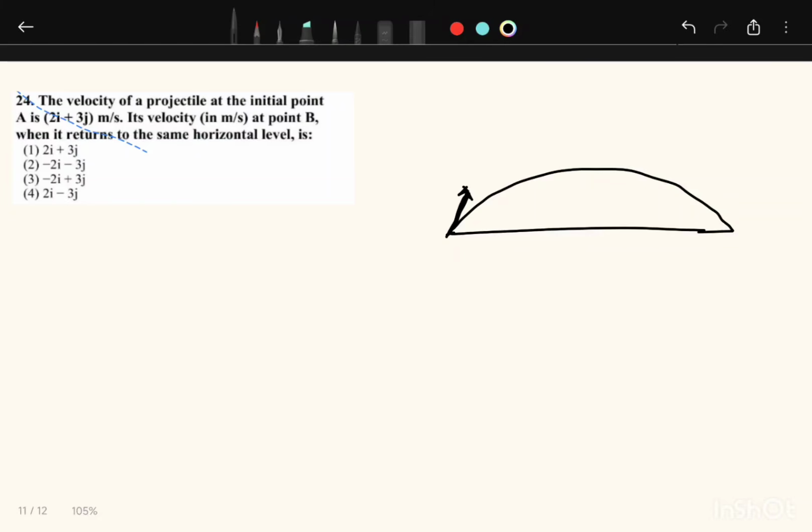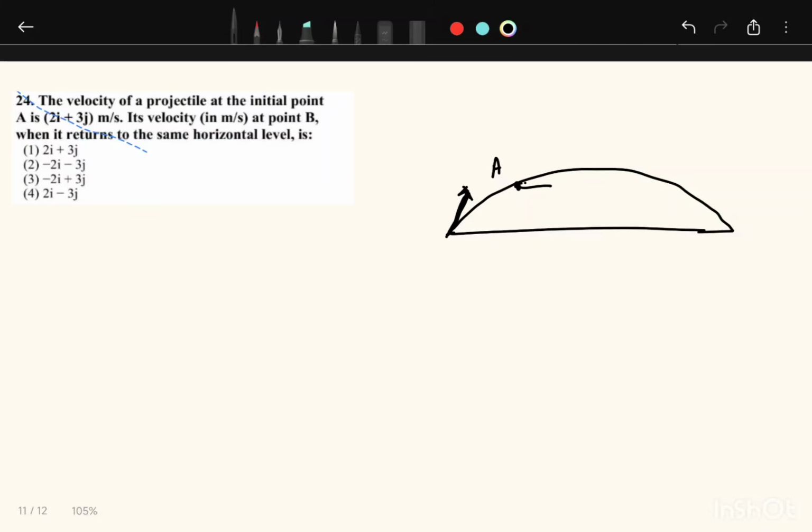So it's saying the velocity of the projectile at the initial point. Let's suppose the initial point is somewhere here, that is 2i cap and 3j cap, right? If you take it as A, okay. So at this point, the velocity is 2i cap plus 3j cap, right?